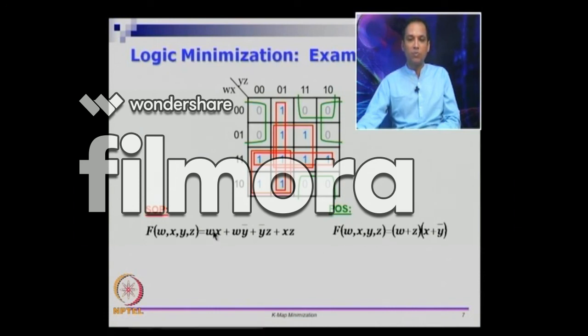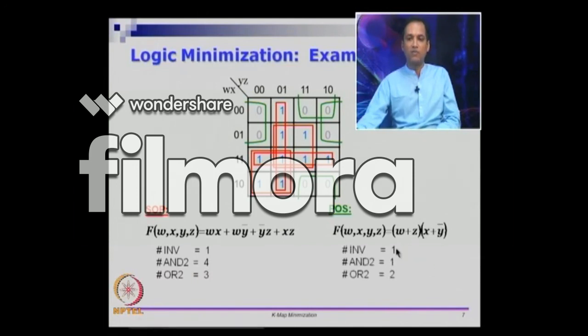In this case you will need 1, 2, 3, 4 AND gates, 1, 2, 3 OR gates and 1 inverter, right. Only for y you need an inverter. So 1 inverter, 4 AND gates and 3 OR gates, whereas in this one you need 1 OR gate here and 1 OR gate here, 1 AND gate here and 1 inverter there.